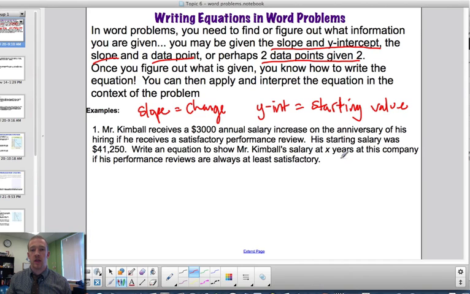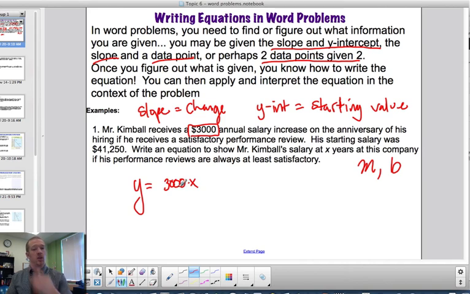So for this one, they actually give us the slope and the y-intercept. Alright, he receives a $3,000 annual salary increase. That means every year his salary changes by a positive $3,000. So we have y equals positive 3,000 times every x, so for every year.